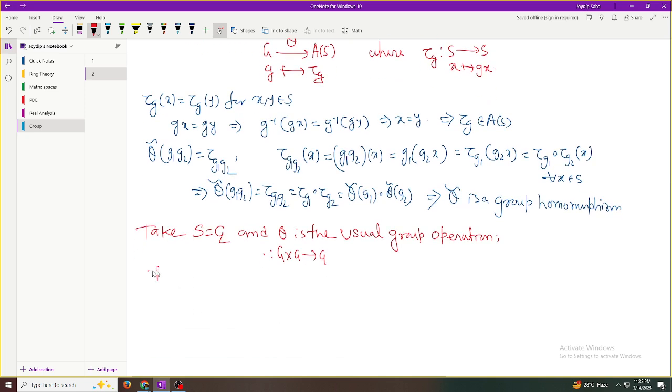Then this action will induce a group homomorphism, I write theta tilde.